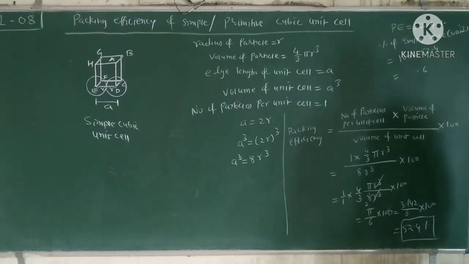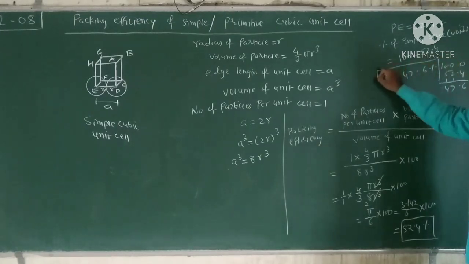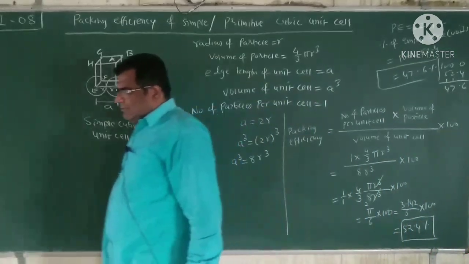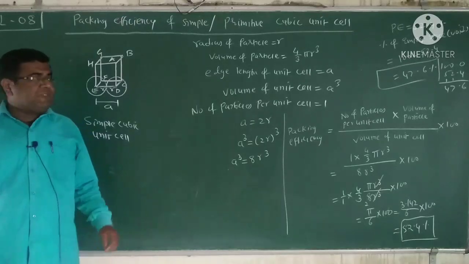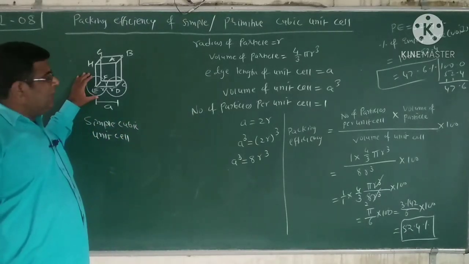So it is 47.6% is the empty space. So this is all about the packing efficiency of simple cubic units. Very simple. Draw the diagram very neatly.